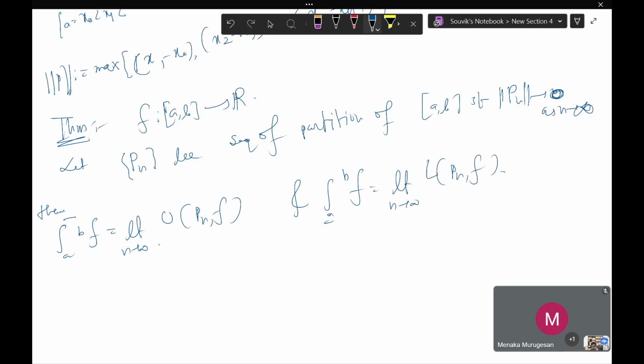So this theorem is useful in order to find the upper integral and the lower integral.